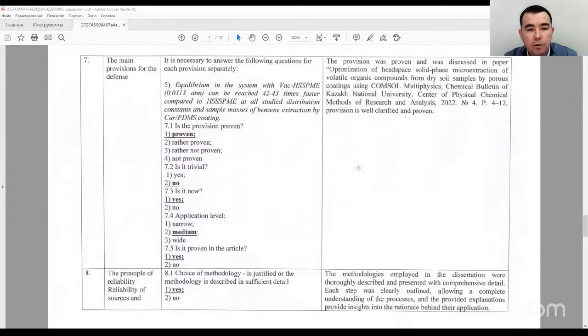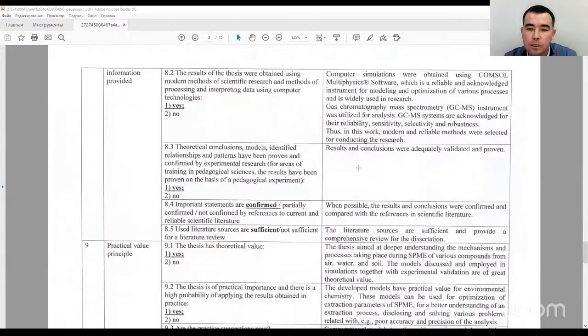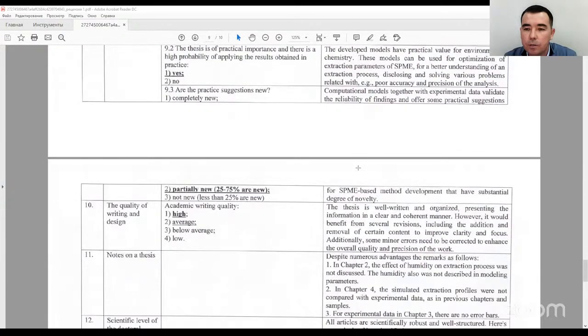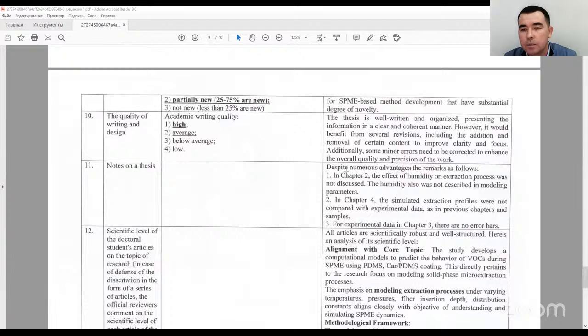The decision of the official review. This thesis on the topic Modeling of Process of Solid Phase Microextraction of Organic Compounds from Environmental Objects, submitted for the degree of Doctor of Philosophy, is a complete study with reliable, discussed scientific results.